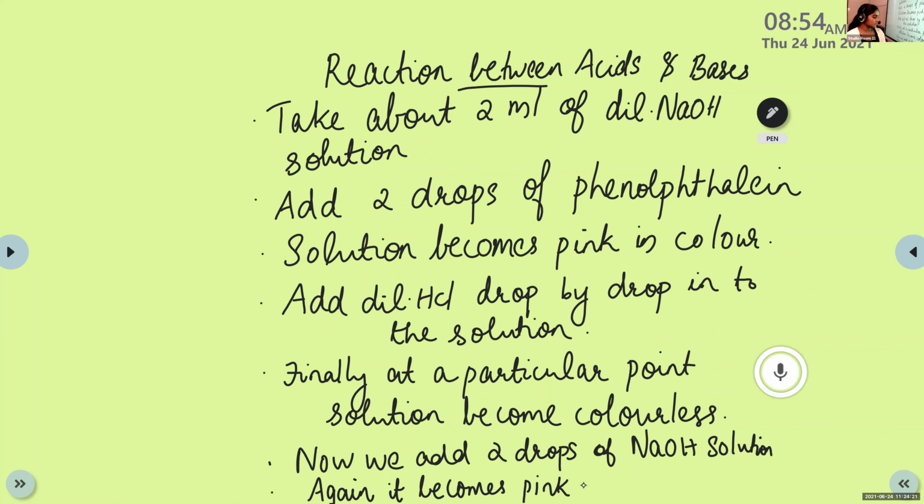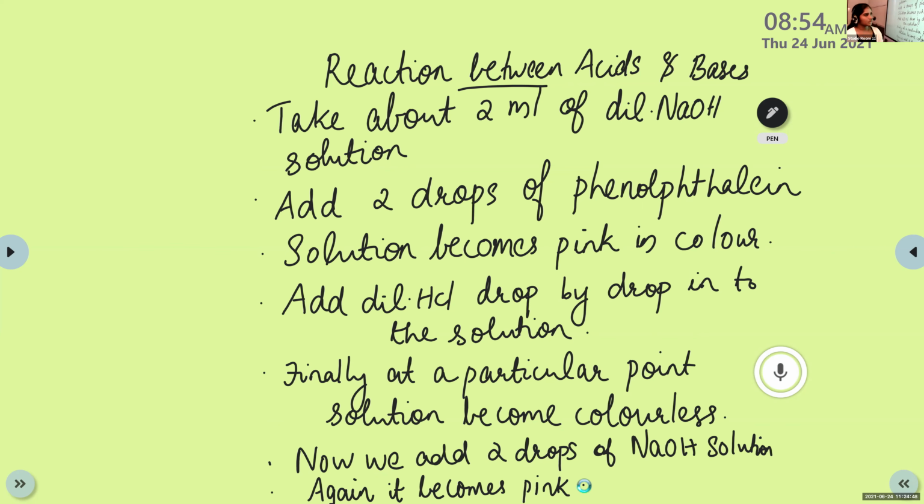Now it again becomes pink in color because phenolphthalein is already there. Phenolphthalein will always show pink color in basic solution. Is this clear? Yes, ma'am. Due to the presence of excess NaOH solution in the last stage, it creates that pink color for the solution. So that's about this activity.